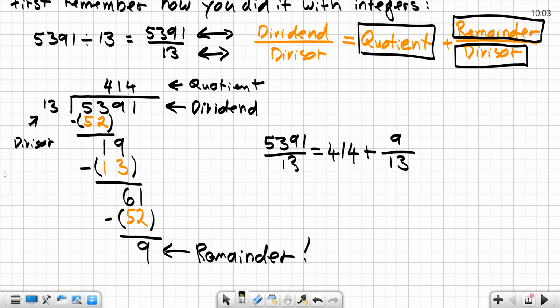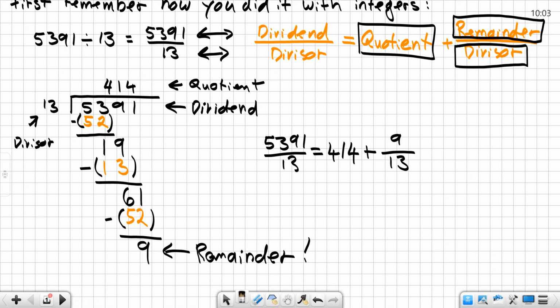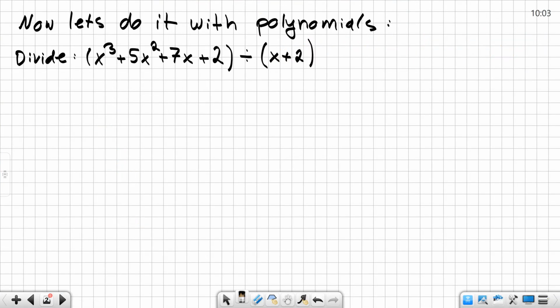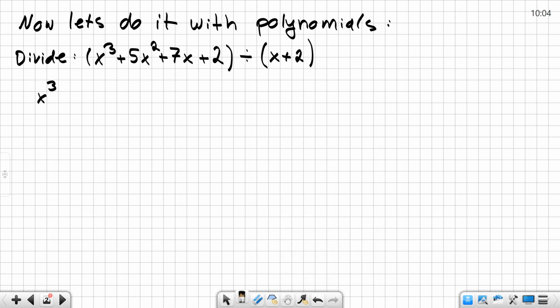And we are now going to do the same thing with polynomials, the construct with the variables in them. So let's go ahead and do one. We want to take 8x to the third plus 5x squared plus 7x plus 2 and divide it by x plus 2. The first thing I'm going to do is rewrite this as a fraction: x cubed plus 5x squared plus 7x plus 2 divided by x plus 2.